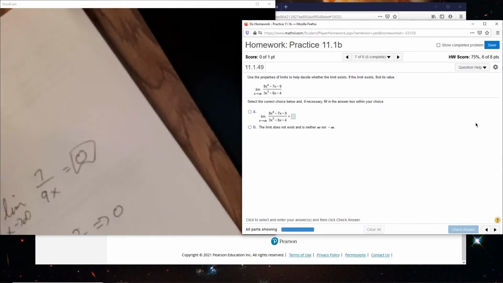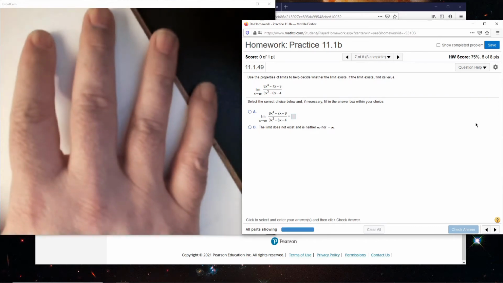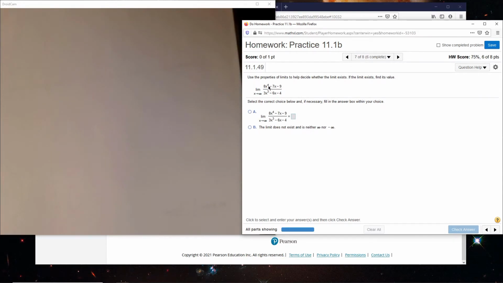So what do we got for number 7? So the overall largest dominant term here is in the numerator, and we can predict what this will be.